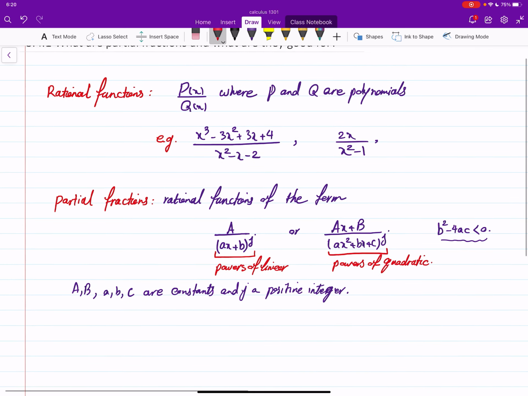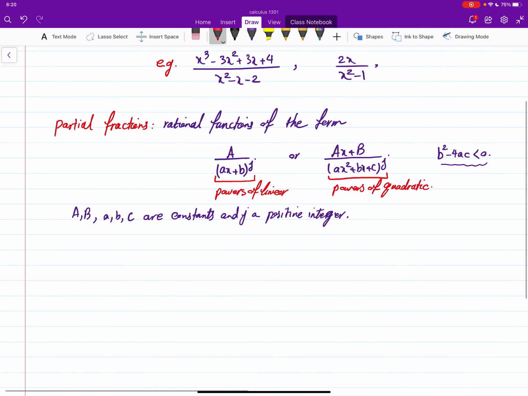Okay, well, let's see some examples of this. For example, we can have something like 1 over x plus 1. Yeah, that's the simple case. Or we can have, say, 3 over 2x minus 1 to the power 5.